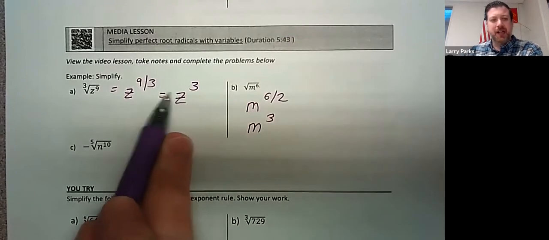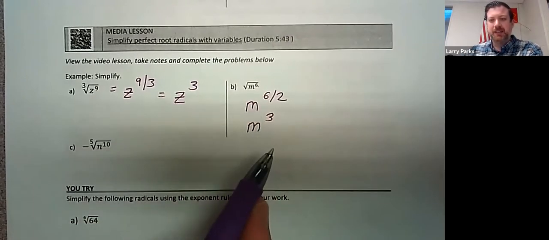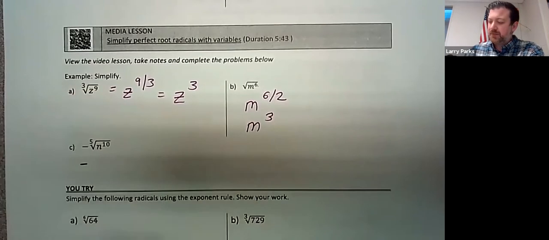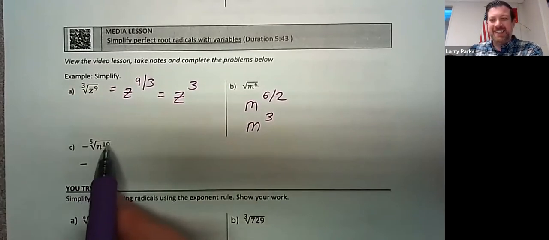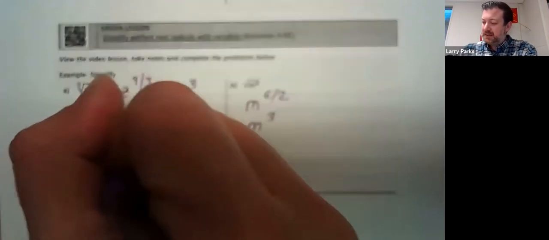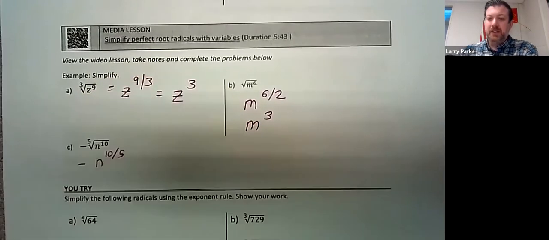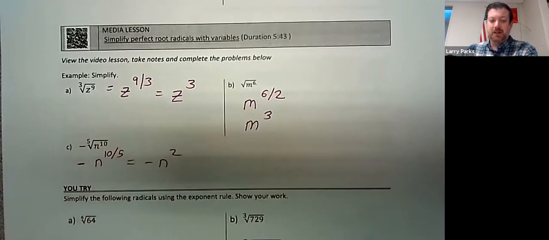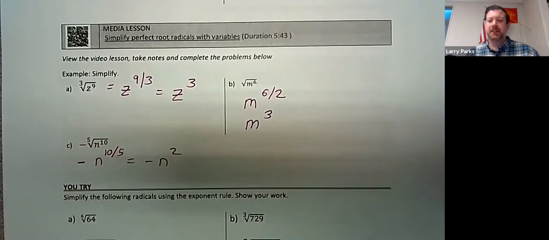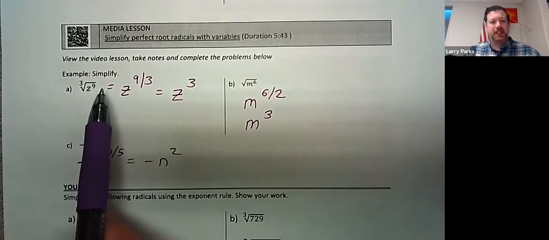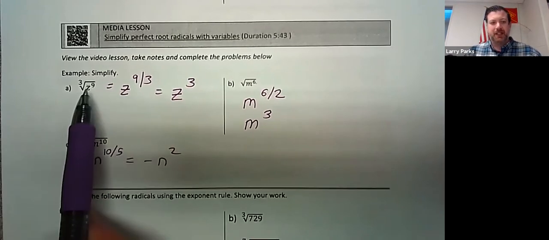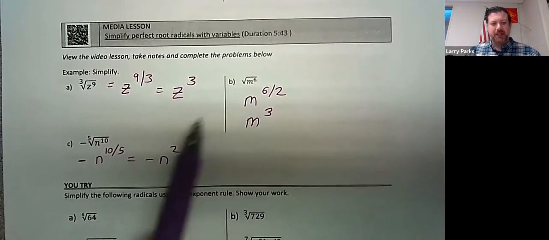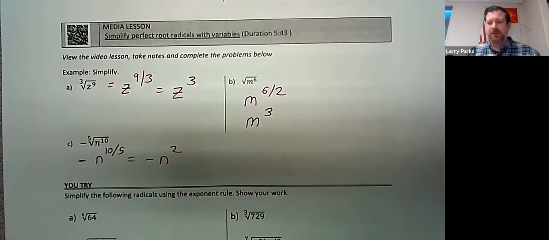And notice there's no radical left because I simplified. Here, negative on the outside, that'd be n to the 10 over 5. And 10 divided by 5 is 2. Okay, so when you're turning this in, if you want to skip this step, that's fine. 9 divided by 3 is 3. 6 divided by 2 is 3. 10 divided by 5 is 2.